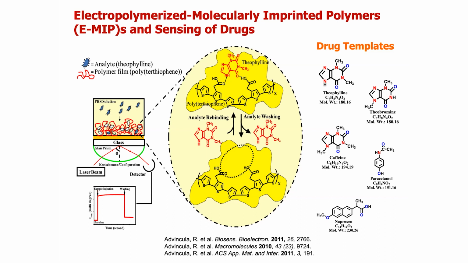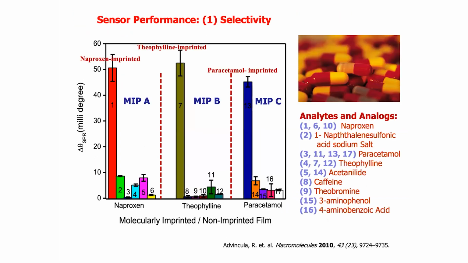So the question is, if we vary the original template, should we see specific selectivities for those templates that were used? And the answer is yes. As you can see here on the binding assays as observed by SPR reflectivity measurements, we get very high selectivity or sensitivity when we use naproxen, theophylline, and paracetamol as templates, whereas the other analytes or drugs have low sensitivity.